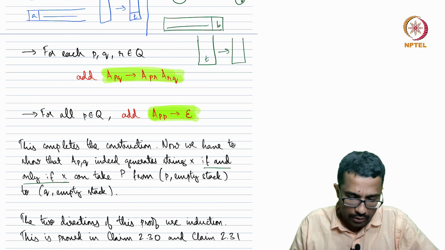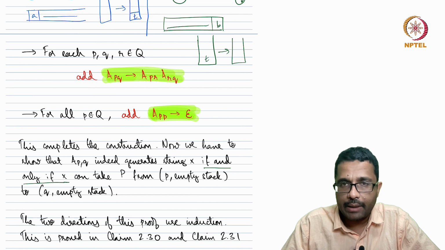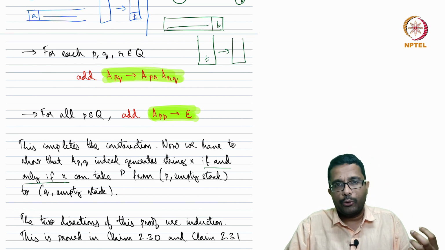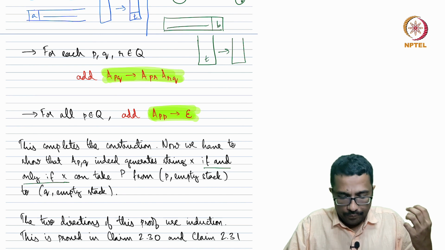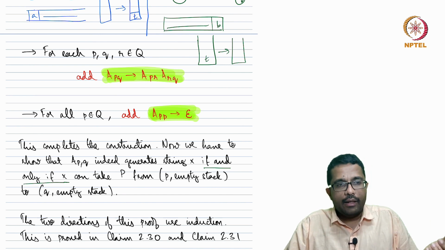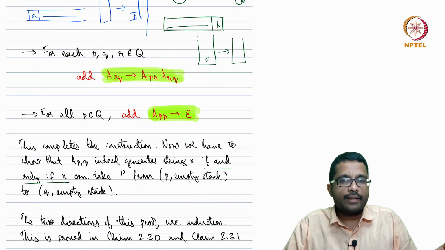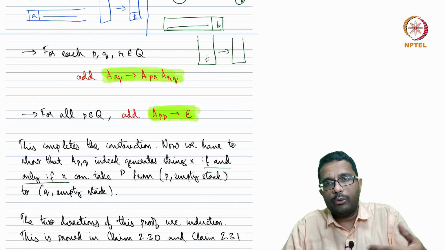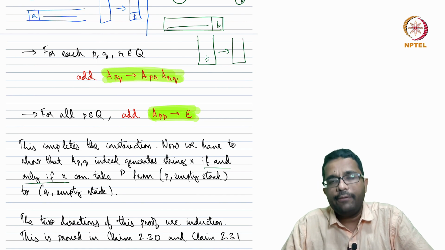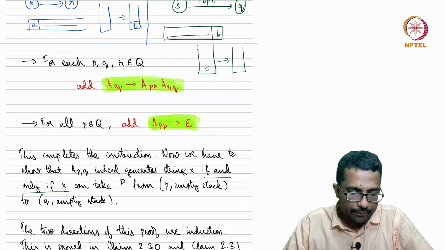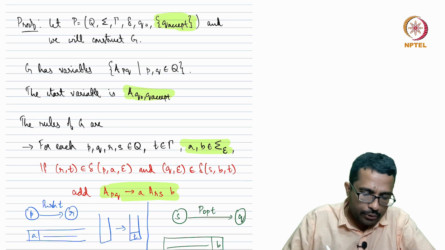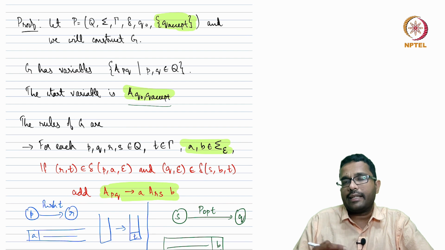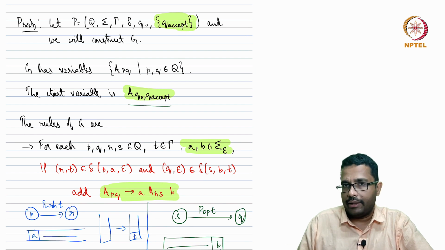Once we show that, the rest becomes clear, because if we show that for all the variables A_PQ, A_PQ generates a string X if and only if X can take the PDA from P with an empty stack to Q with an empty stack, then it follows that the starting variable A_q0,qaccept generates all the strings that can take the PDA from the starting state to the accepting state on an empty stack.